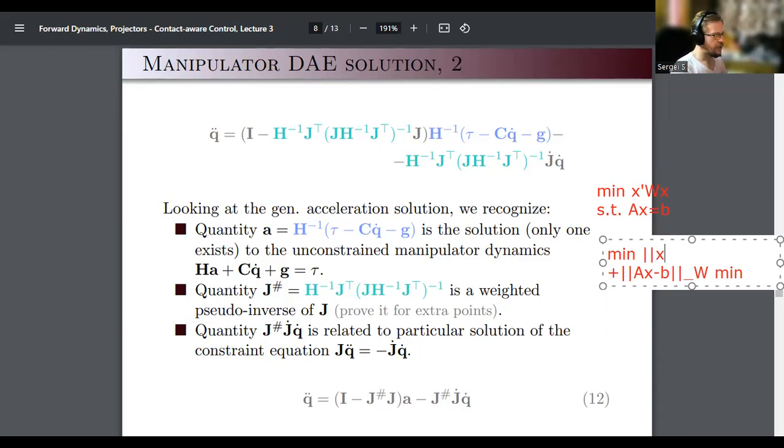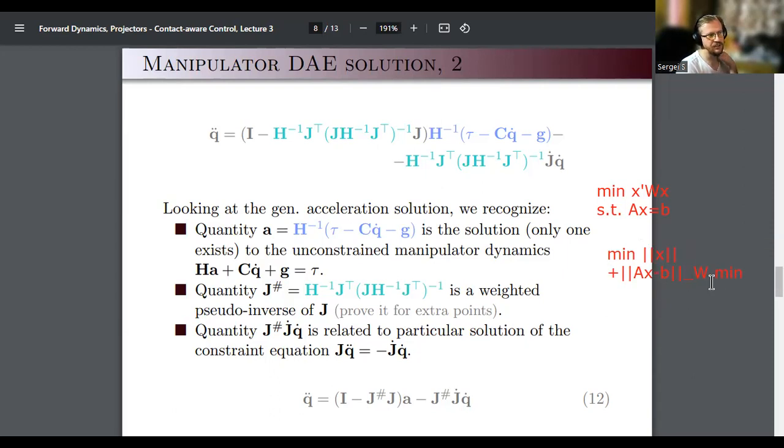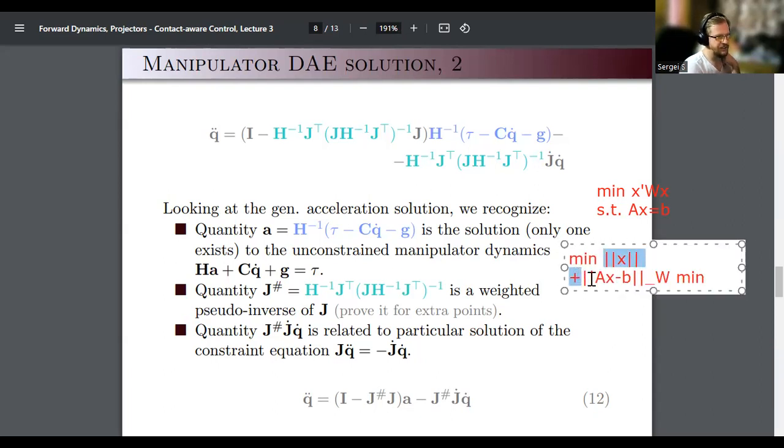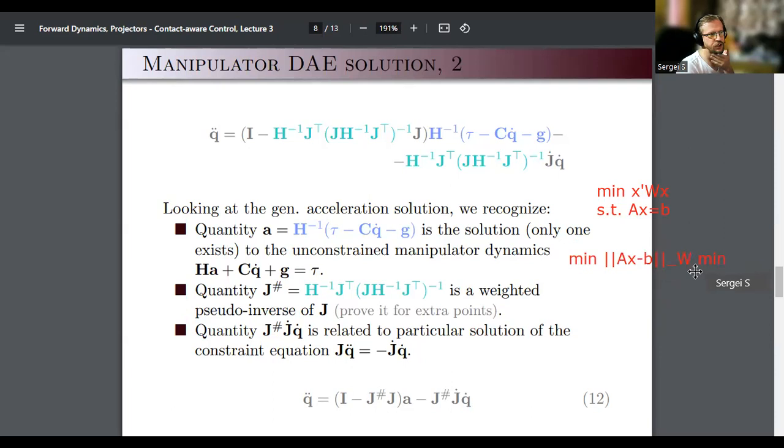I've written it as a plus, but those two should be somehow independent conditions. So this is one of those which you could consider. Or you can just say, let's minimize it like this, just minimize the residual with respect to omega. There are other ways to define what weighted pseudo-inverse means.